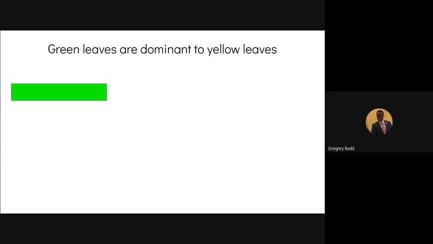No. Did you write down the steps from the last slide? What's the first step that we just saw on the last slide? I'm going to read it. It says green leaves are dominant to yellow leaves, but what's our first step?